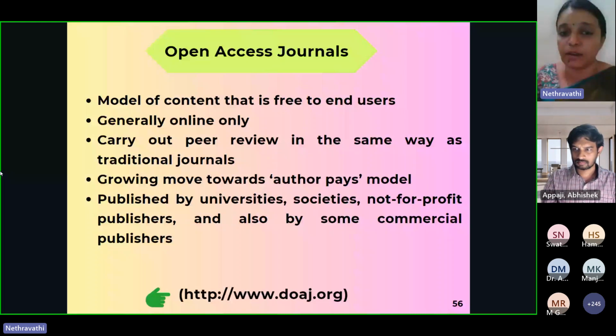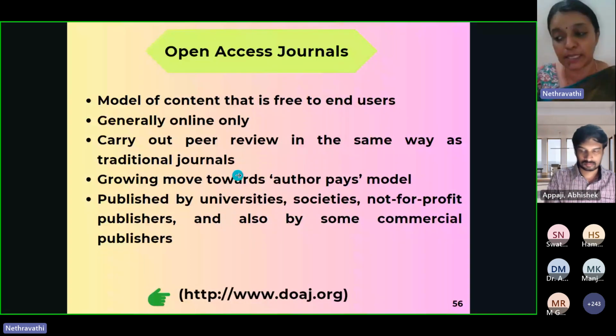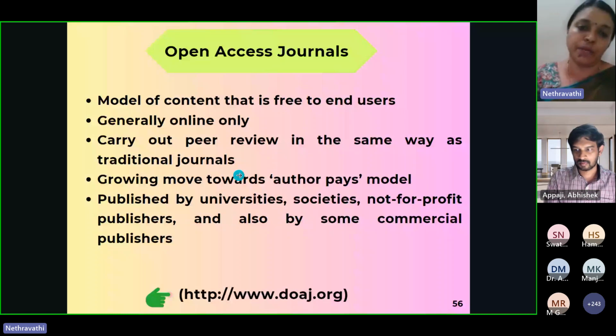They carry out peer review in the same way as traditional journals. Again, I'm quoting about predatory journals, which will not do this peer review. Whereas open access journals, though they are charging the authors, being mostly based on the author pay model, though the author pays for the paper to be accepted, it will undergo peer review.